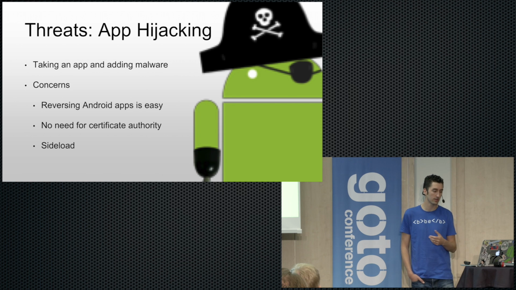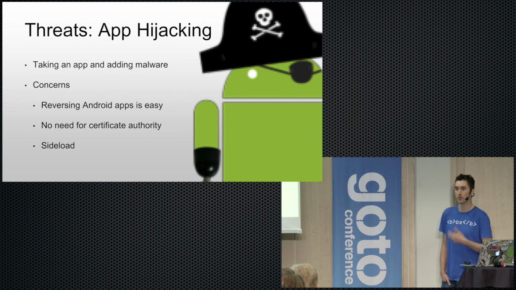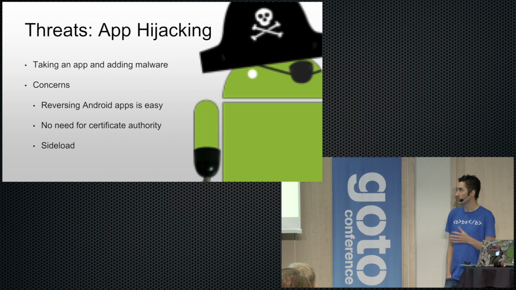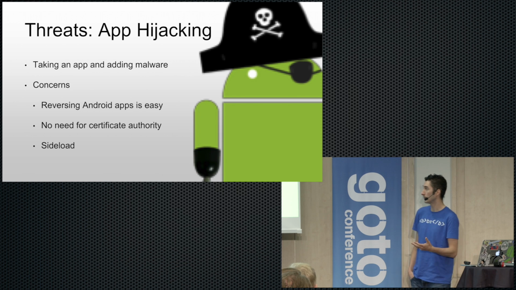On Android we don't have a certificate authority when we're signing apps. For those unfamiliar, each app has to be signed to be installed on a device, but there's no central authority around that, so they're all self-signed certificates. The other concern is that side-loading apps, which is just installing apps that are not from the approved Play Store, is very simple.